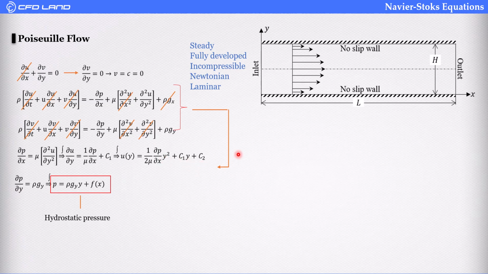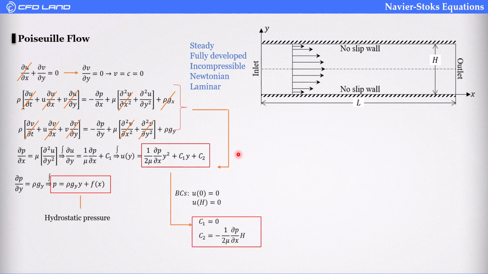Now, boundary conditions here are different than in Couette flow. Here, both boundaries are 0. And we can find that C1 equals 0 and C2 equals minus 1 by 2 mu times partial p partial x times h.